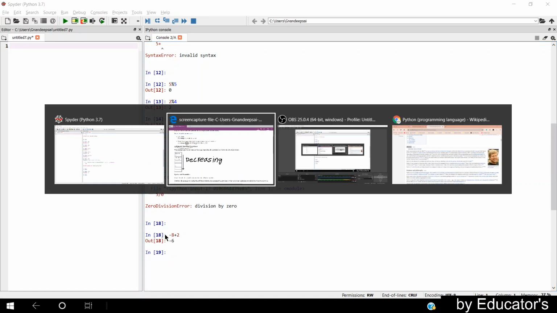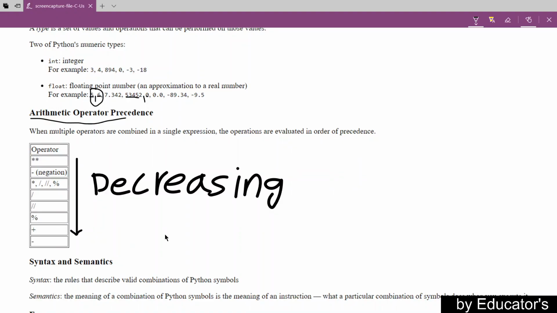So negation is considered the second highest operation. Later come all these things. They are considered as a group in Python: multiplication, integer division, float division, and modulo. And I also gave a brief.